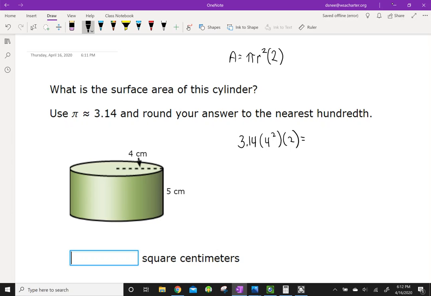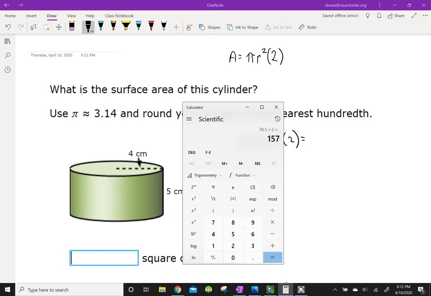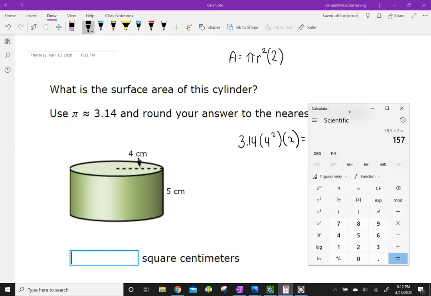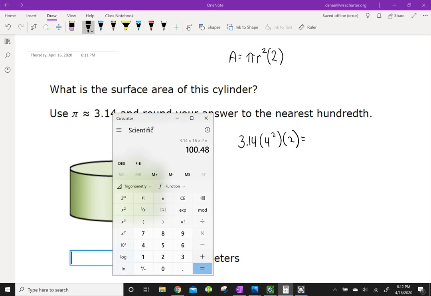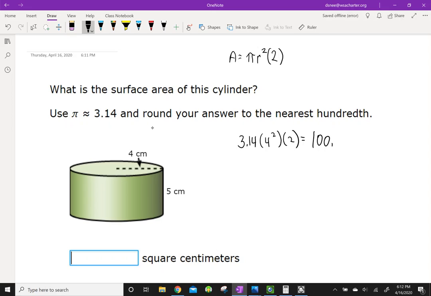Okay, and that's going to be the area of the top and the bottom. 3.14 times 16 times 2 equals 100.48 centimeters squared. That's my circles.